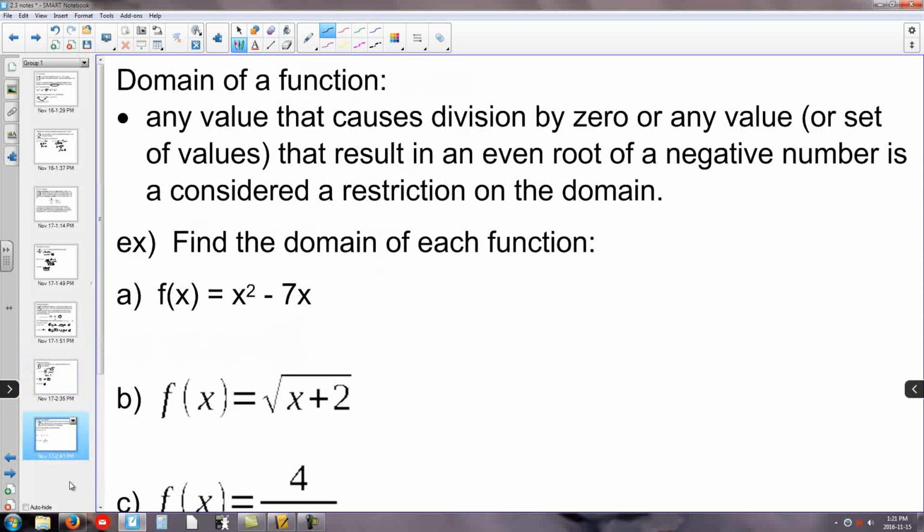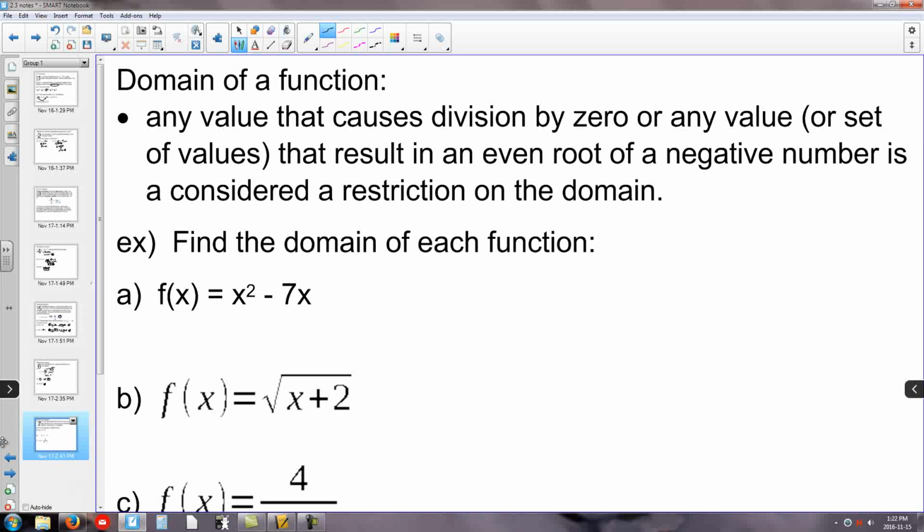The last thing we need to really make sure is clear is how do we find the domain? Any value that causes division by 0, so no denominators of 0, or results in an imaginary number by taking the square root or fourth root of a negative, is not allowed in the domain of a function.